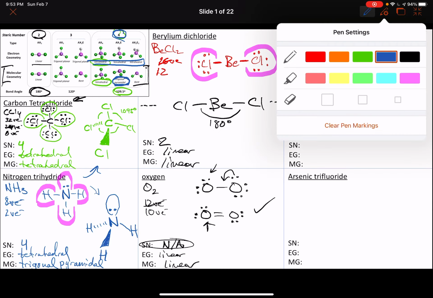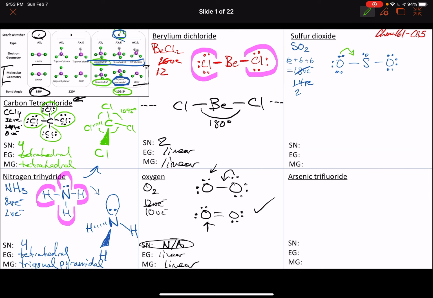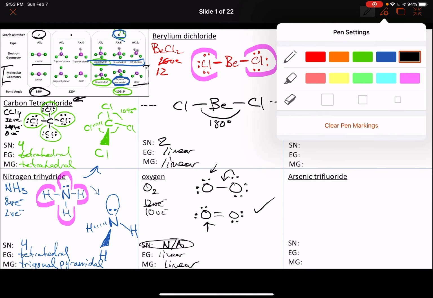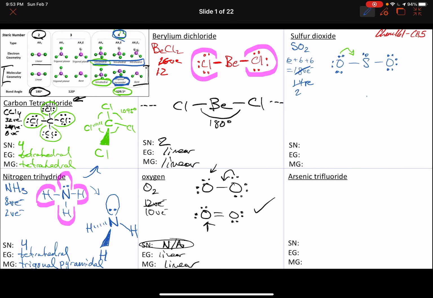So if we start with the idea of borrowing this one, we end up with a double bond at left, that's one Lewis structure.